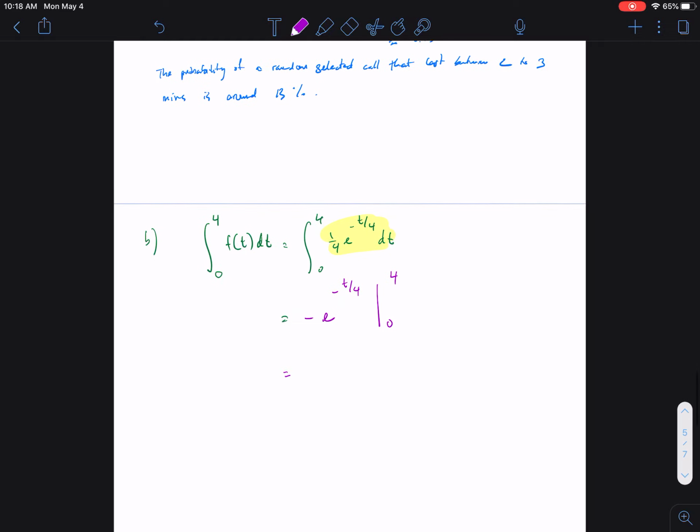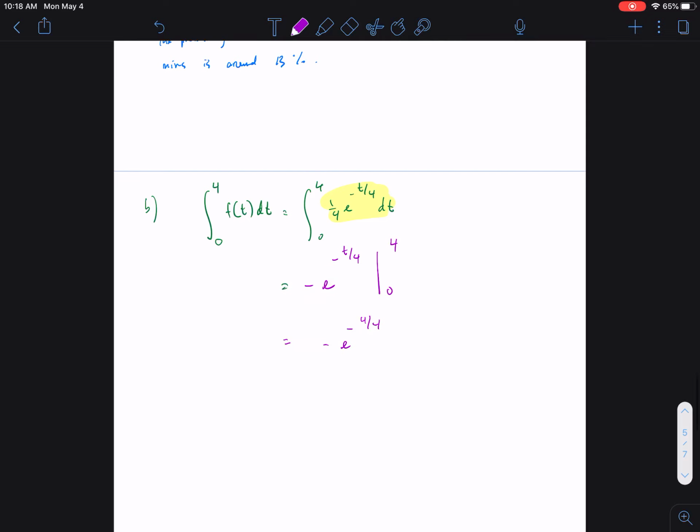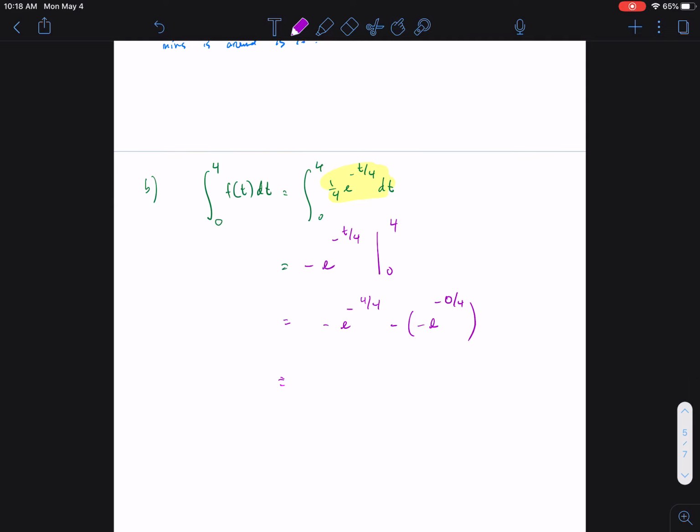So we have negative e to negative 4/4 minus negative e to negative 0/4. That's negative e to the negative 1 minus negative 1, since e to the 0 is 1.